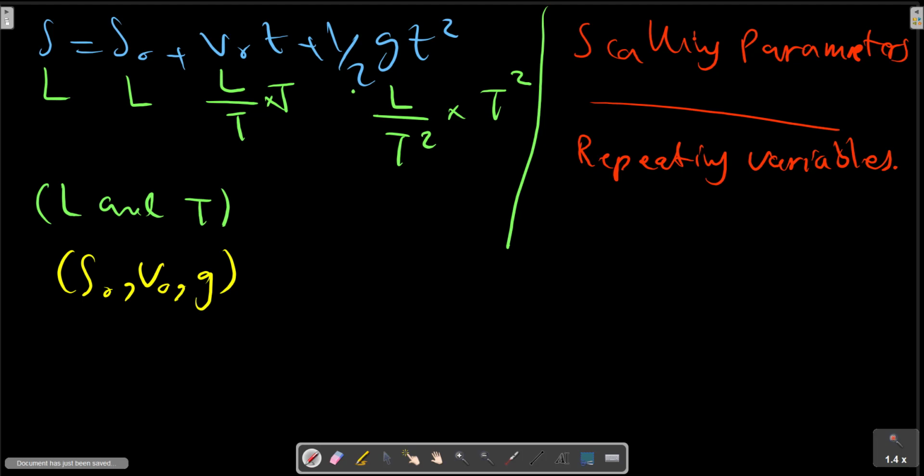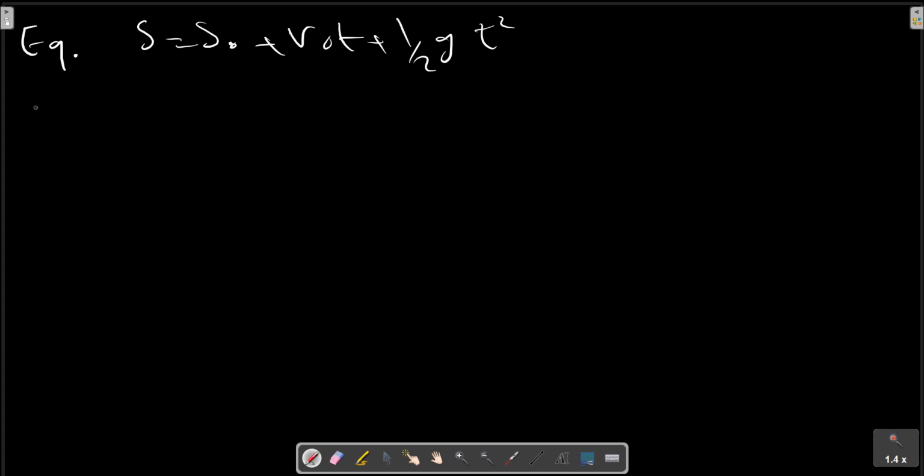Option 1: scaling parameters S0 and V0, and the effect of gravity G. So we have three options for this type of problem. Considering the equation of falling body motion, again S0 plus... we are going to describe the various options.